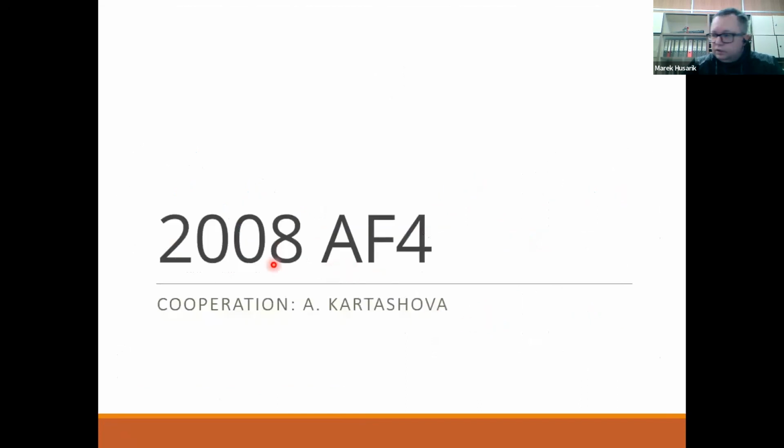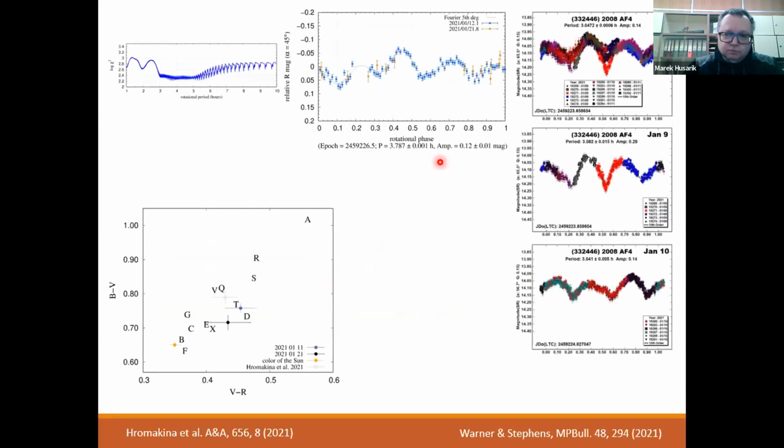Then I have 2 asteroids here, 2008 AF4. This was done only from a few data because the weather was not good. Here's a light curve which shows that there was a complication with the lack of data.